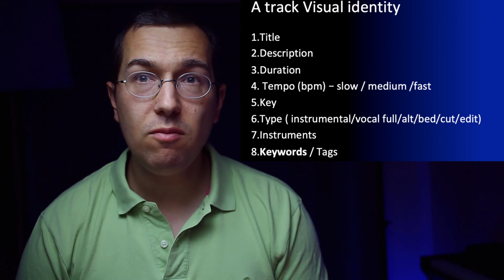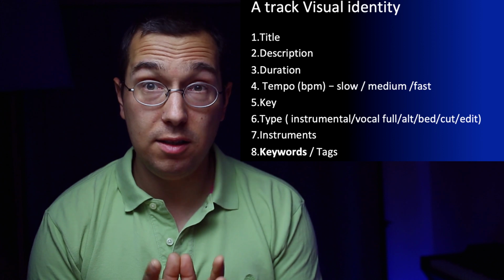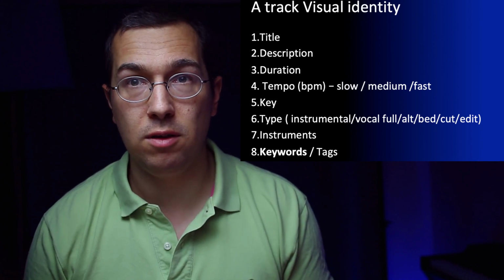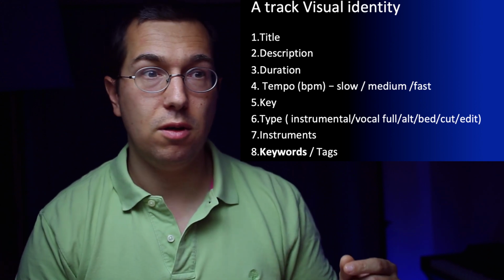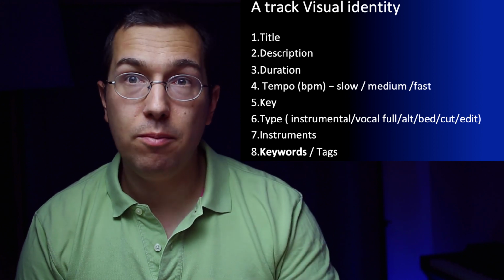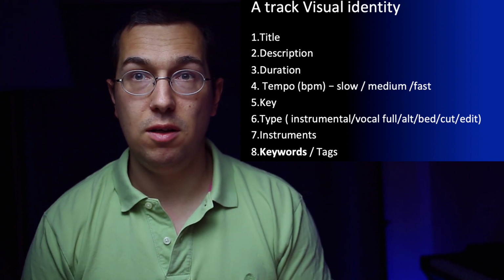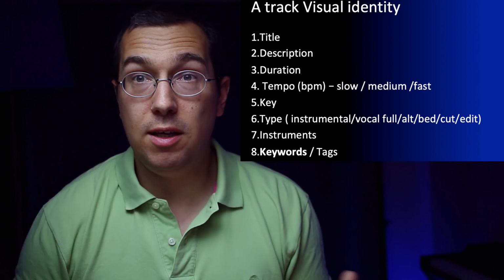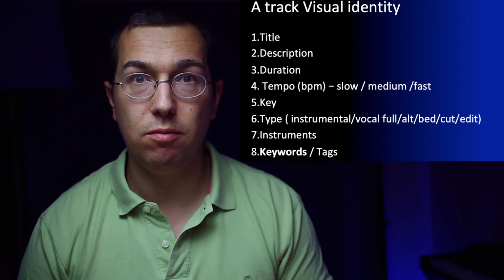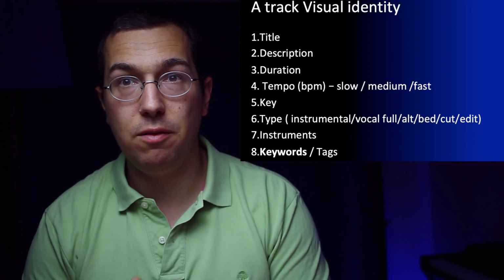It's good to contain as keyword and as tag the duration of your track: full, 30-second cut, loop. The tempo: medium, fast, slow track. The key, if you know it, it's good to put a key, C major, or whatever. The type, if it's an instrumental or if it's a vocal.